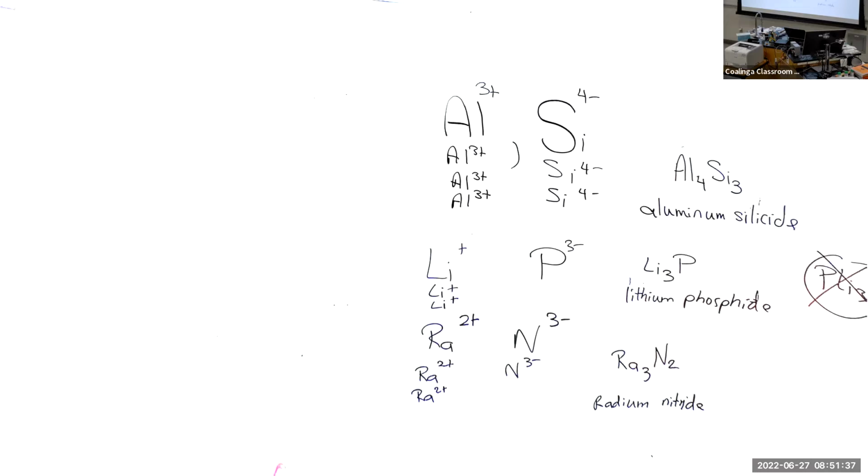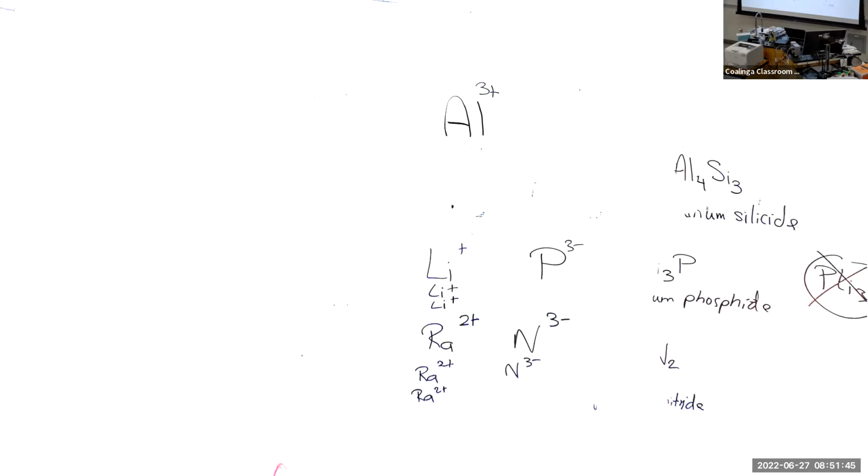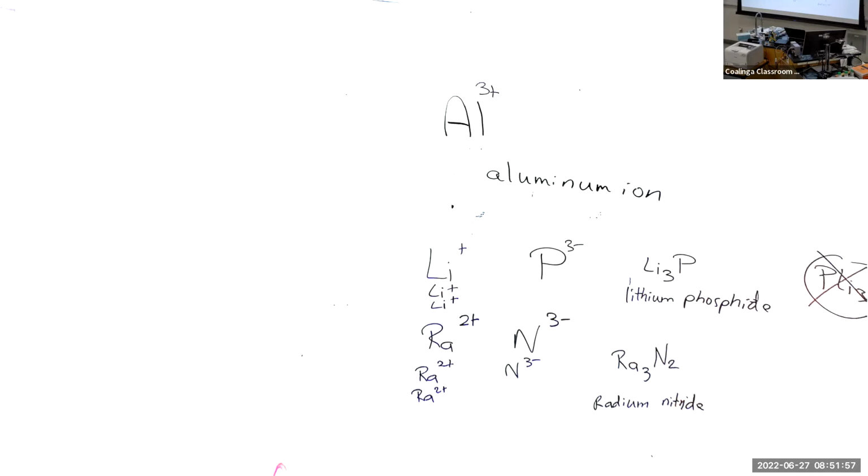Okay. So before we get there, let's talk about the ions independently. Let's say we just have the aluminum ion and it wasn't associated with anything. So the name of this would be the aluminum ion. If we had just the phosphide, we call this just the phosphide ion.